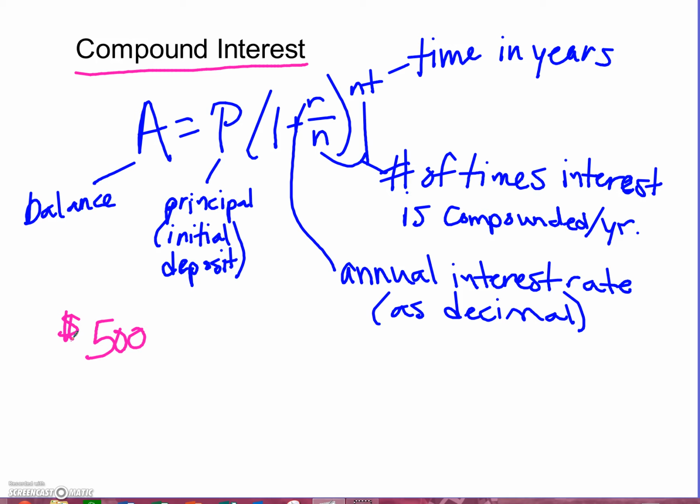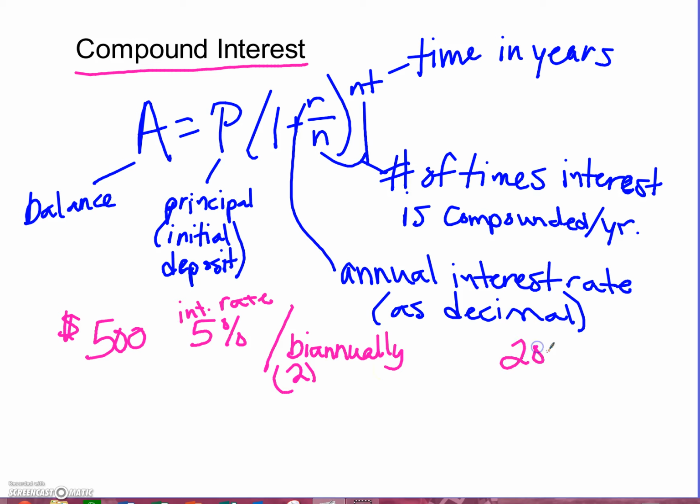There's an interest rate on my account of 5%, and they compound this, let's say biannually. Remember, bi will be 2. And I want to know how much money I will have in 20 years.